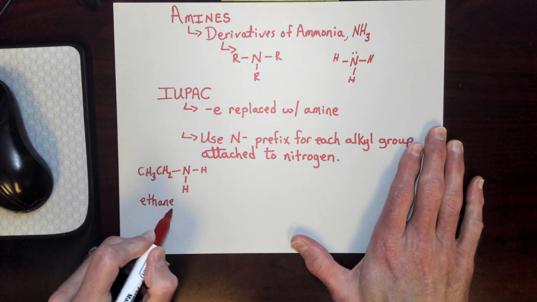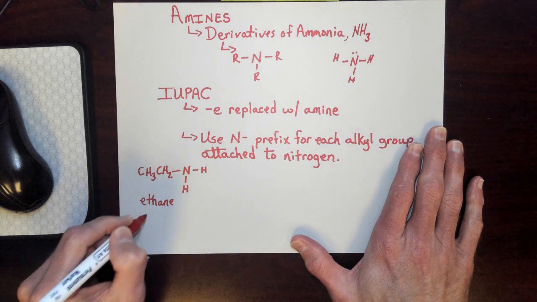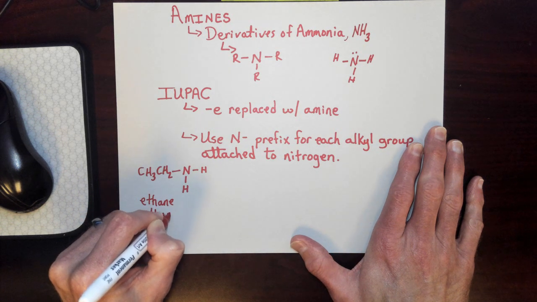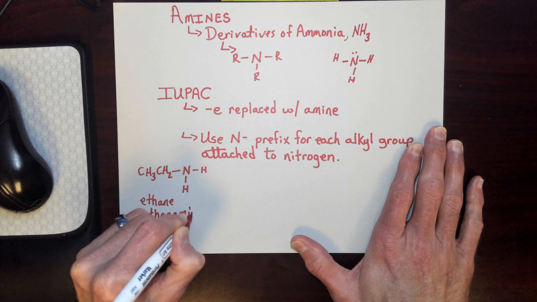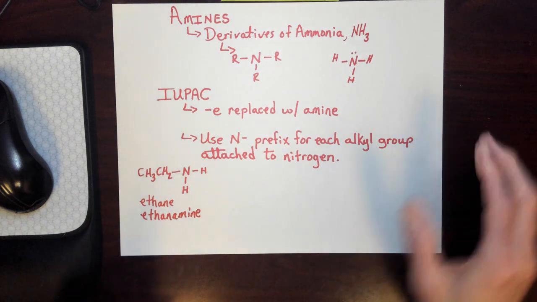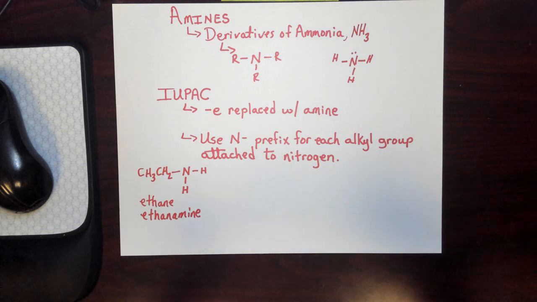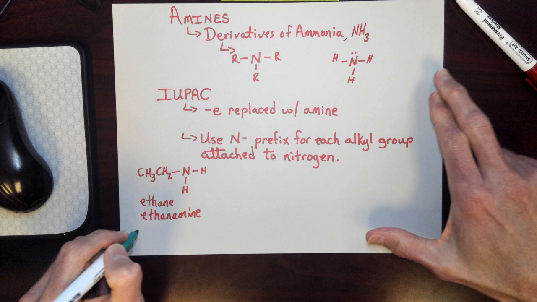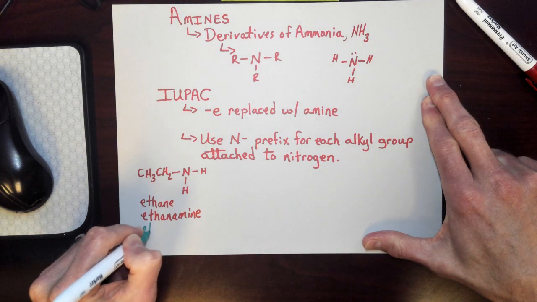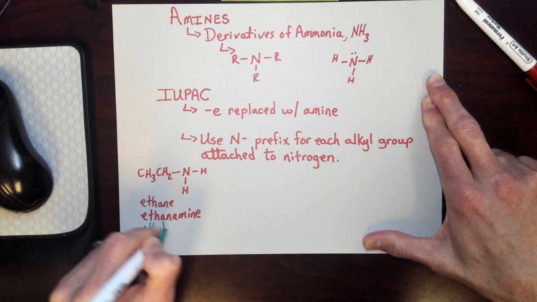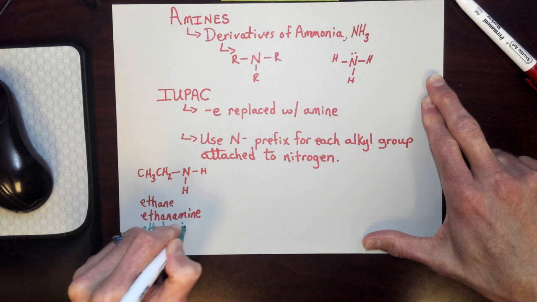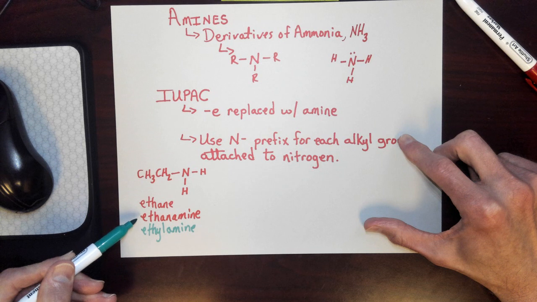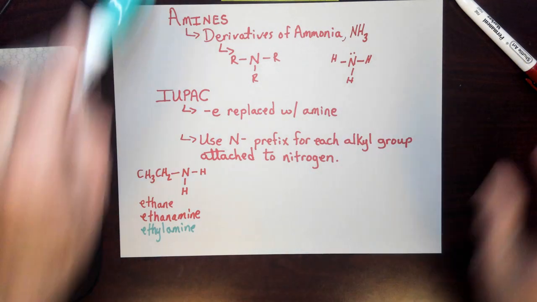We replace the E with the word amine, so we call it ethanamine. Now that is the IUPAC system. And it does have a common name, which is just the alkyl group, ethyl, amine. So that's the common name, and that's the IUPAC name. Okay, let's try another one.